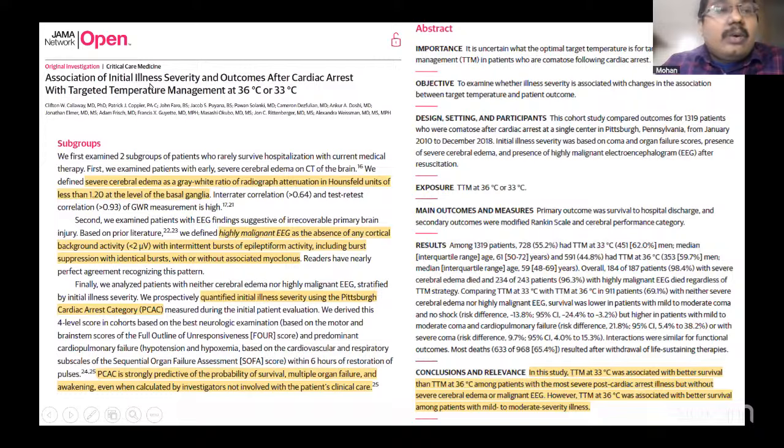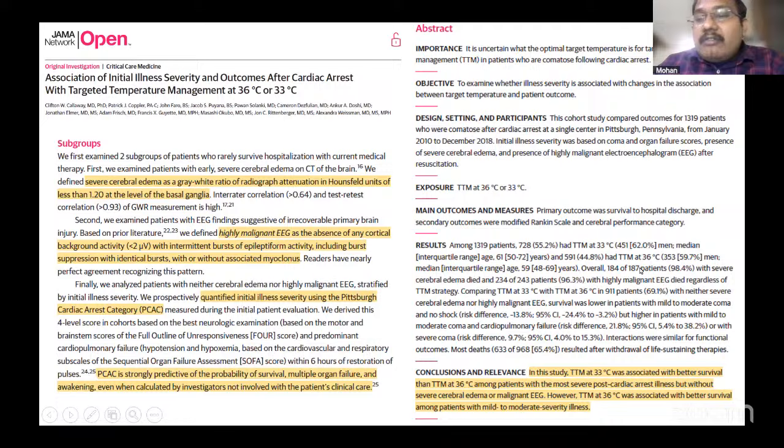So now they have taken this illness severity in the form of the Pittsburgh cardiac arrest category. First they looked at whether there is severe cerebral edema or highly malignant EEG patterns. They took out the patients who have these kinds of findings, and then they gave TTM at 36 or 33 degrees.